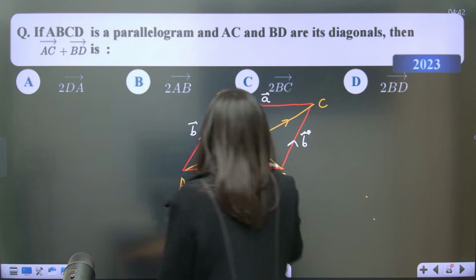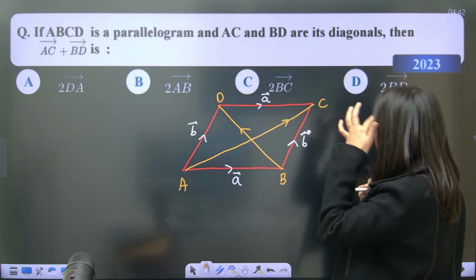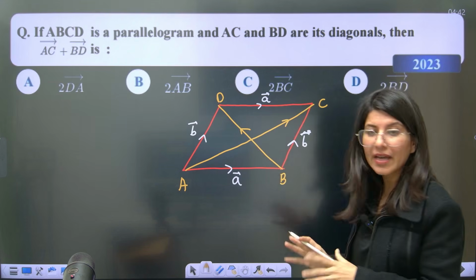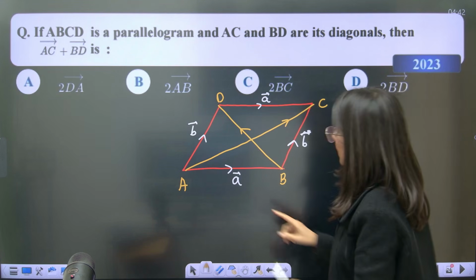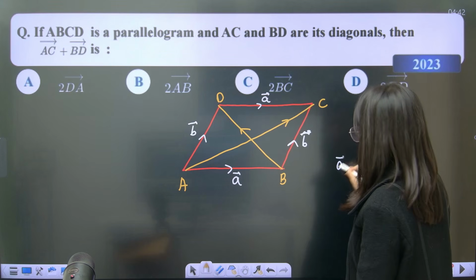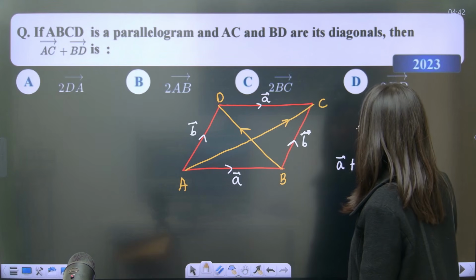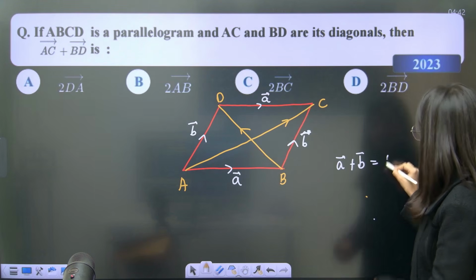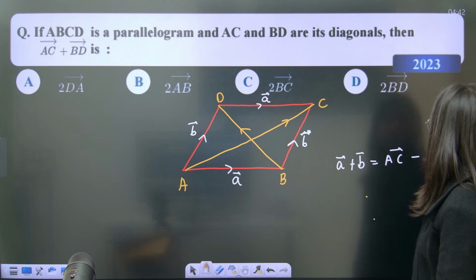Now see, in this triangle I am going to apply triangle law. So A to B, we have A vector, then B to C, we have B vector, is equal to AC vector. That is one thing by triangle law.